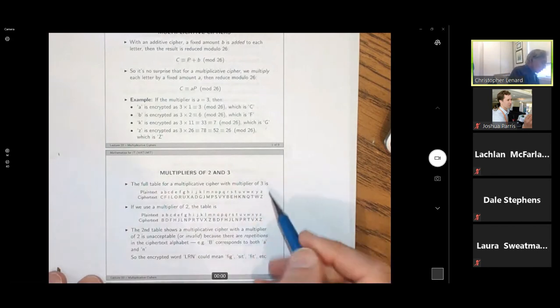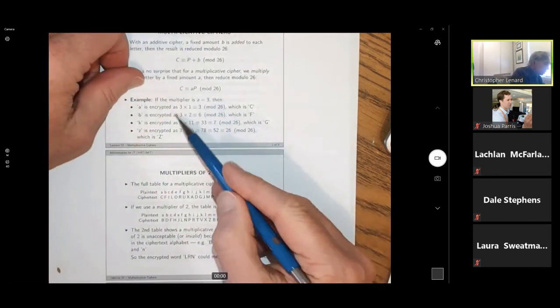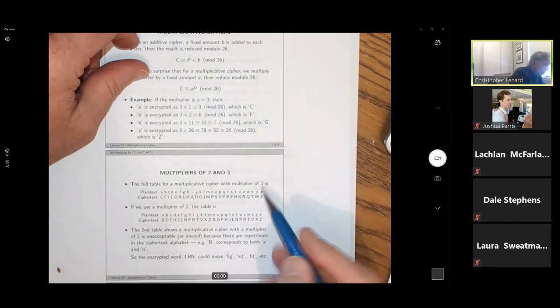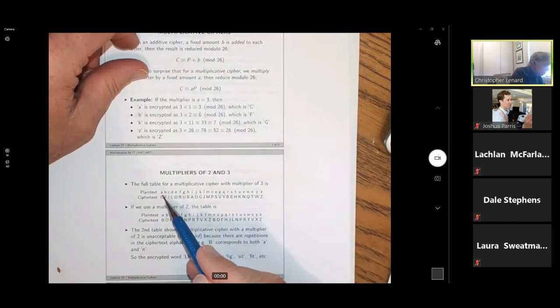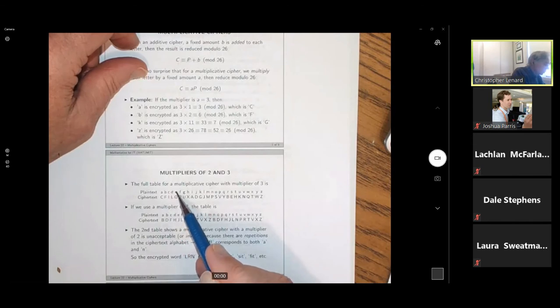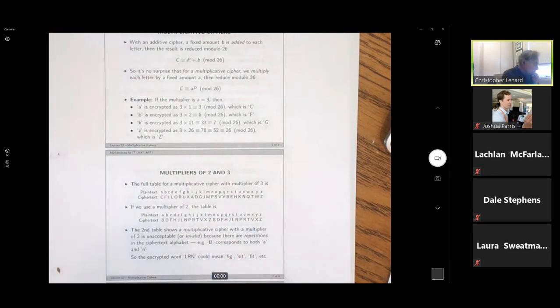So if you continued this 3 business, 1 goes to 3, 2 goes to 6, 3 goes to 9, 4 goes to 12, 5 goes to 15. So the 5th letter of the alphabet, E, multiplied by 3 is 15. The 15th letter would be O for our ciphertext.